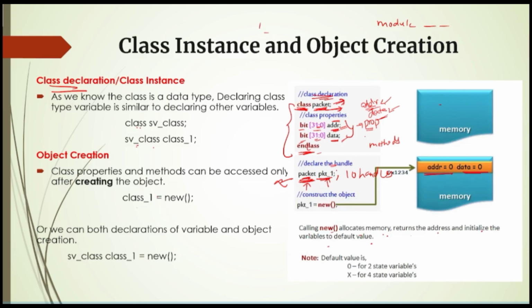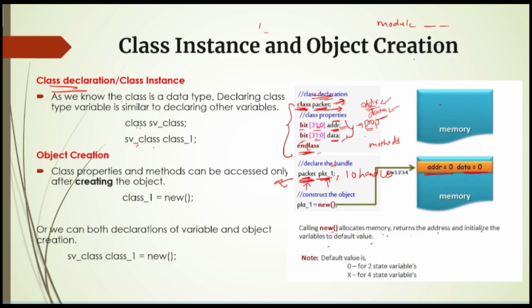Okay, now as soon as you declare the handle, the handle is created, but the memory for that particular class is not created. Creating that memory is called object creation. Basically, object creation is nothing but creating a memory for your particular handle.